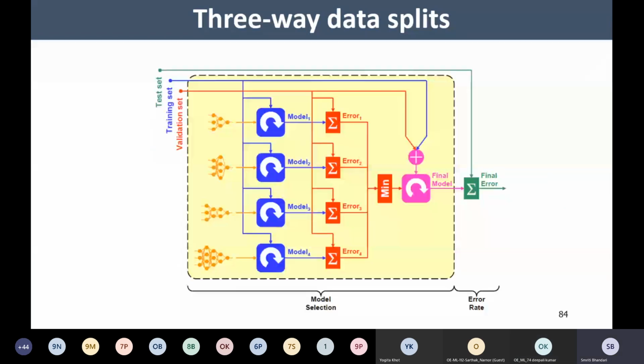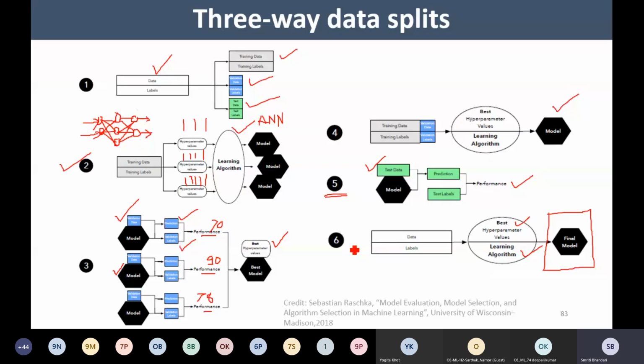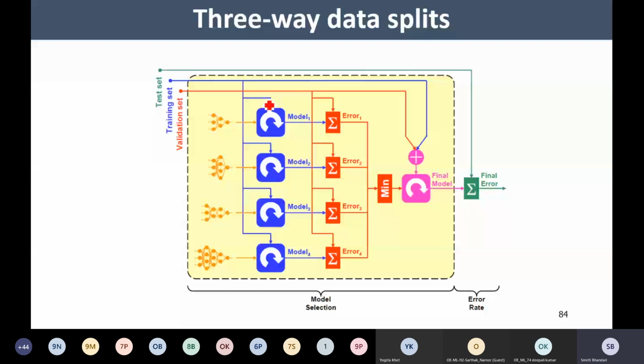Now, this is one more picture depicting the same process of three-way data splits. Later on you may watch the video once again and try to interpret this figure. It is a similar kind of figure, but here we have mentioned the steps in a distinct way, while here everything is integrated together.